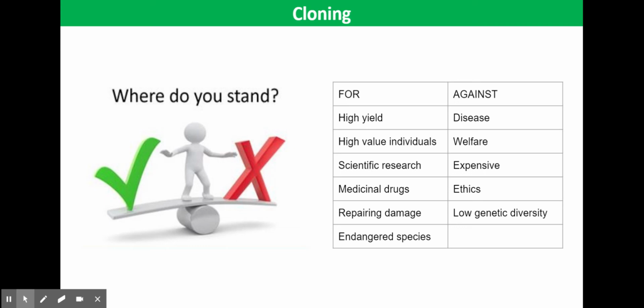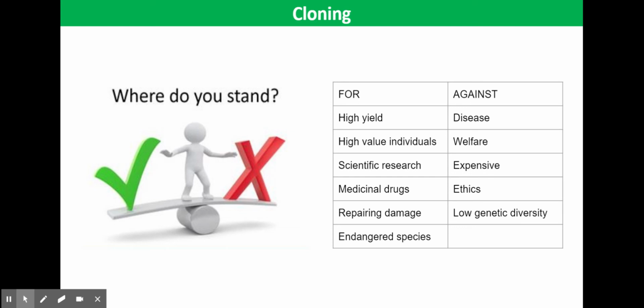However, the lack of genetic diversity and the lack of genetic variation may expose the herd to certain diseases or pests. Animals may be produced with little regard for their welfare, which may have undesirable side effects such as meat producing chickens that can't walk.